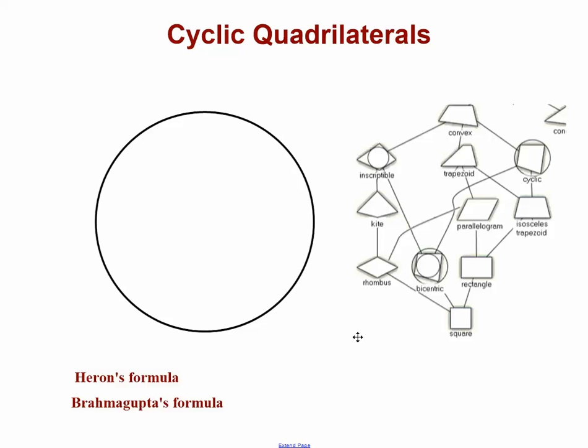When we look at the cyclic quadrilaterals, we're going to start off with actually triangles. A set of any 3 non-collinear points always forms a triangle, and every single triangle is cyclic, every single one of them.